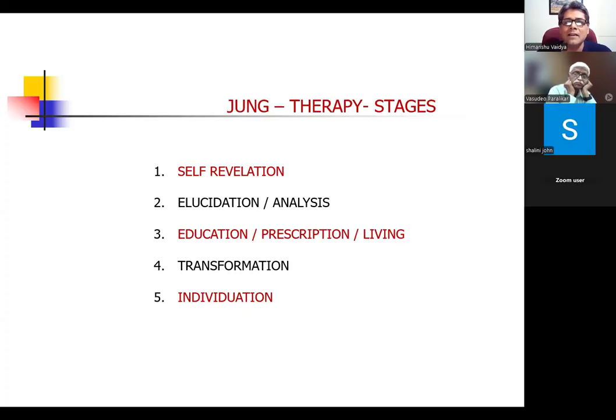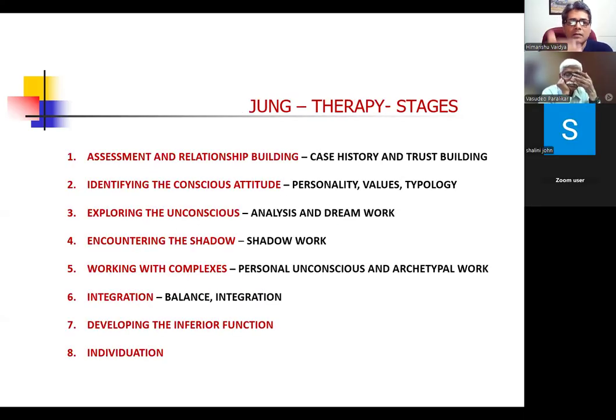The second is analysis and elucidation. Third is education, prescription, and how to live kind of analysis. Fourth is transformation, and fifth is individuation. Another way to classify the same process, but the first one is more crisp and detailed.